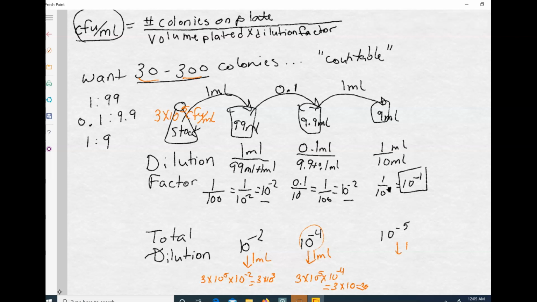Here, if I plated 1 milliliter, I would have 3 times 10 to the 5th times 10 to the minus 5, so 3 times 10 to the 0. 5 minus 5 is 0, so I would expect to find 3 colonies on this plate.